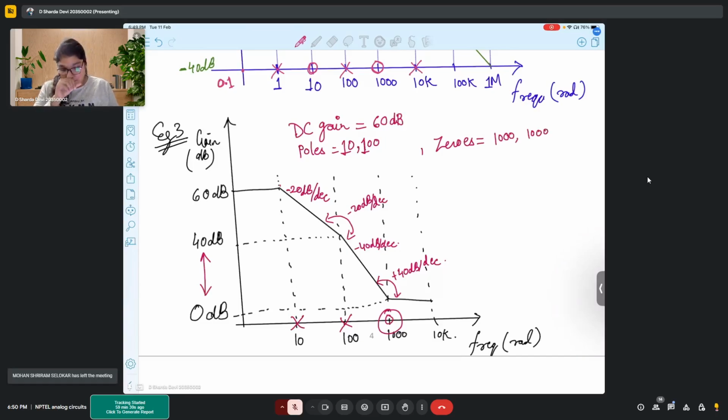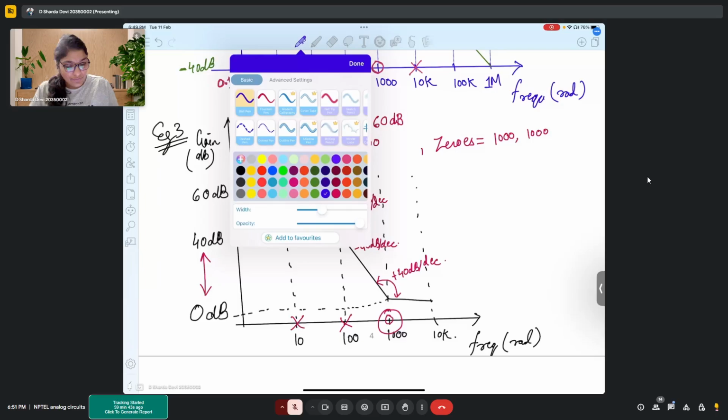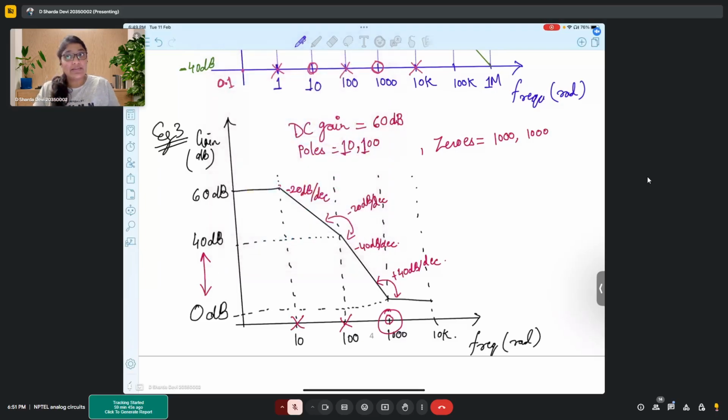Now, if I ask you to write the transfer function for this particular system, can you write it? Yes, ma'am. How do we start? Be mindful that my DC gain should meet at the end. The value of DC gain should meet at the end.